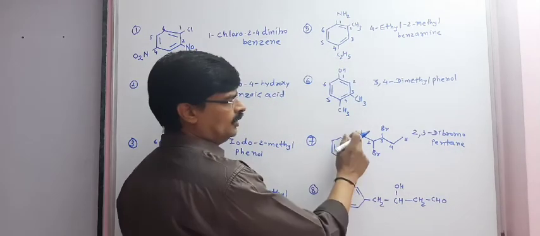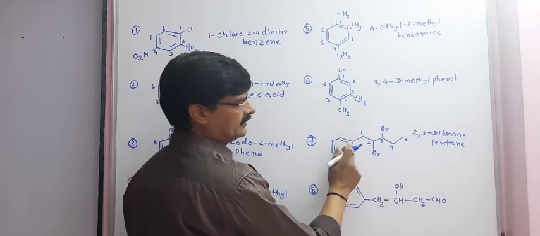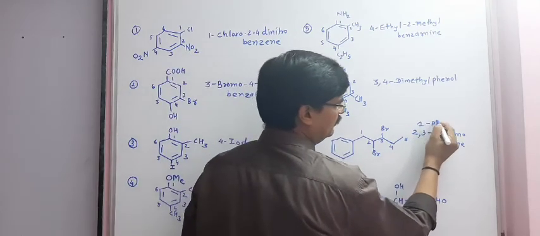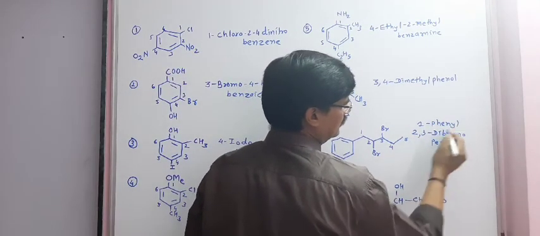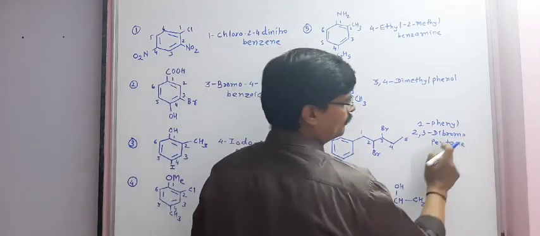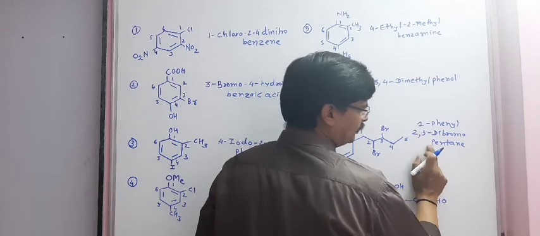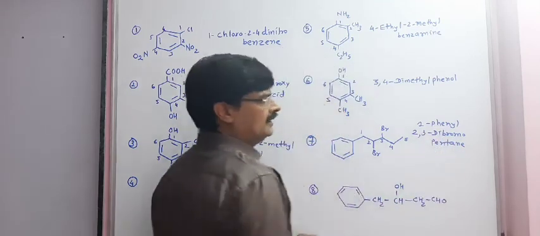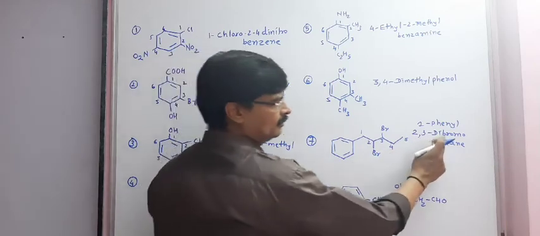But because carbon number 1 contains a phenyl ring, that is why 1-phenyl, 2,3-dibromo pentane.